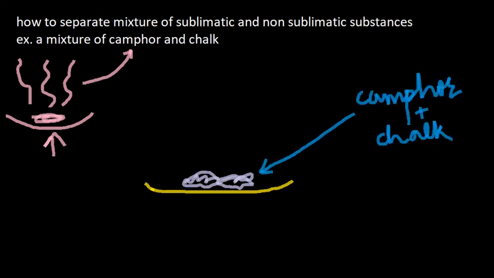Now on this watch glass we are going to place a funnel like this, and the opening of the mouth of the funnel, which will be over here, will be closed using a cotton plug.